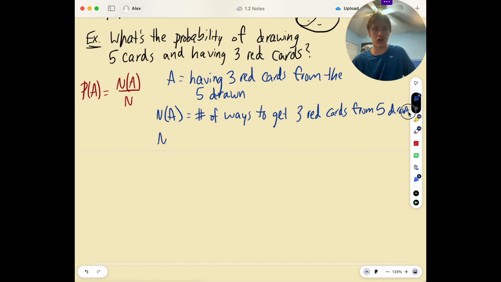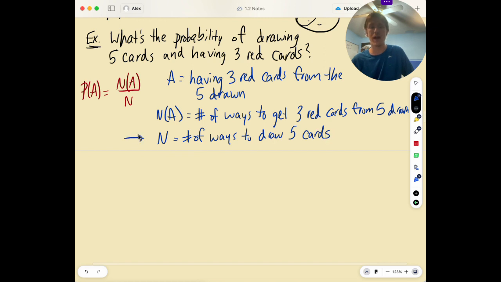And the total number of outcomes, well, you're drawing 5 cards. That's just a fact that the experiment has to go by. Since there are 52 cards total, capital N, the total number of outcomes, is just the number of ways to draw 5 cards from a population of 52.